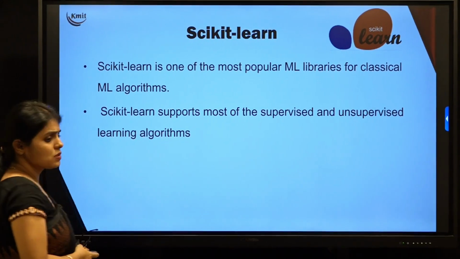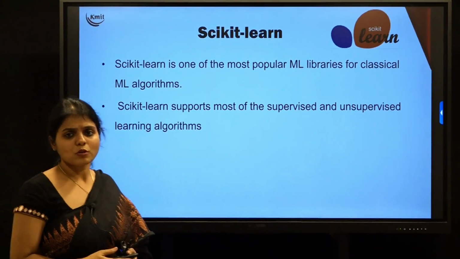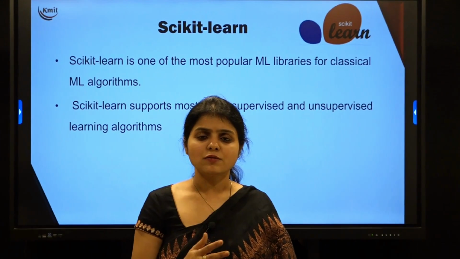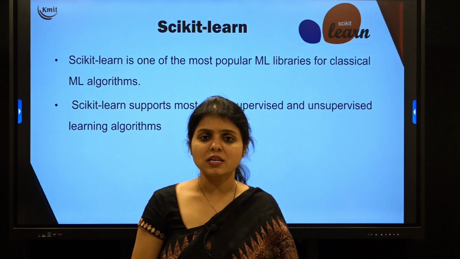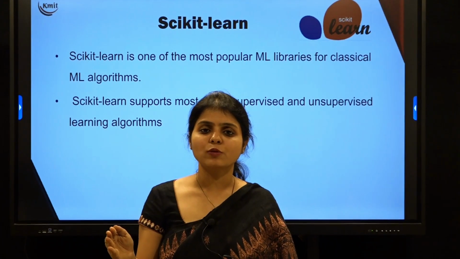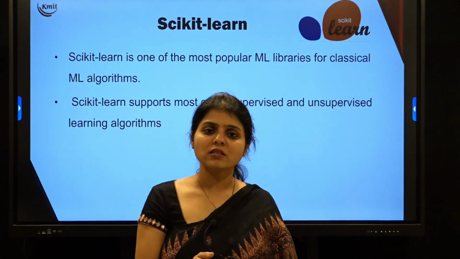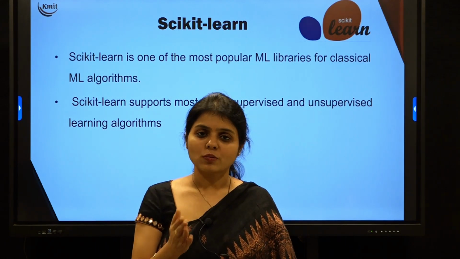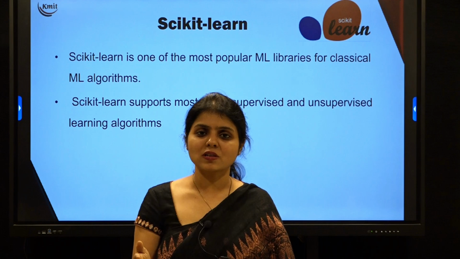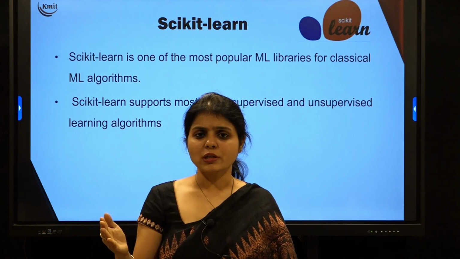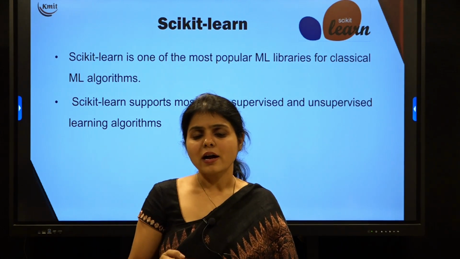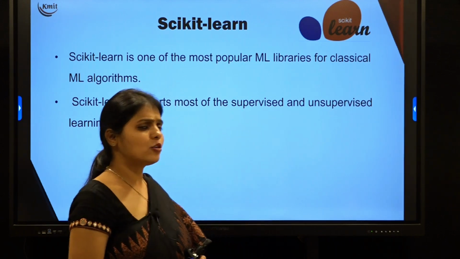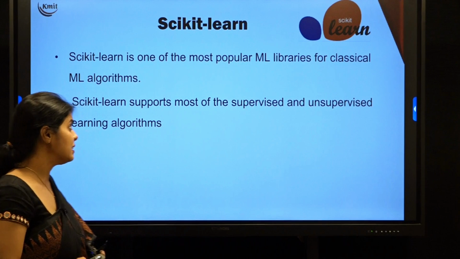Now this is the most important library when we talk about machine learning algorithms. In the last session we have seen different types of machine learning systems. All the algorithms are classified under either supervised learning, unsupervised learning, or reinforcement learning. Regression, classification, clustering, Q-learning, all these machine learning algorithms are actually developed using a library called scikit-learn, or in short, the sklearn library.